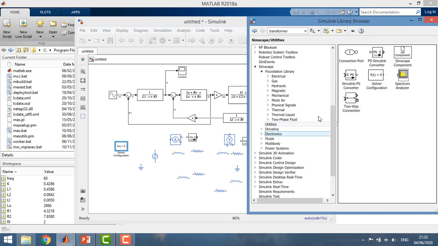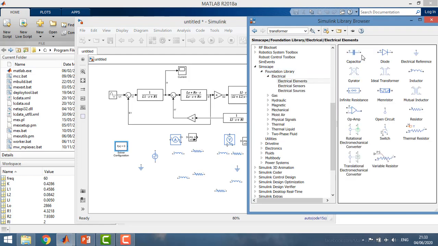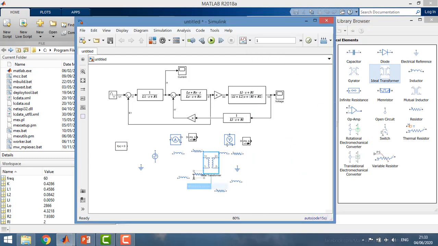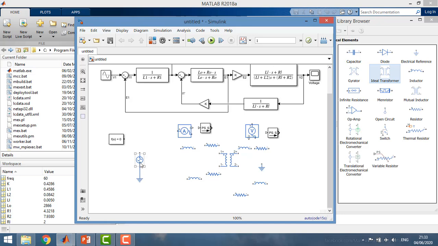And finally, the ideal transformer. I guess those components would be sufficient to build the model.